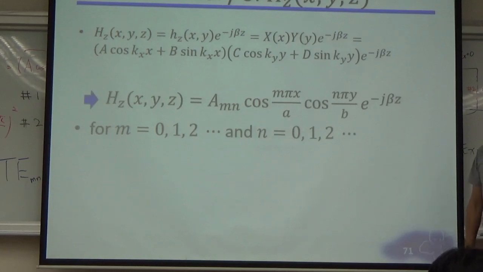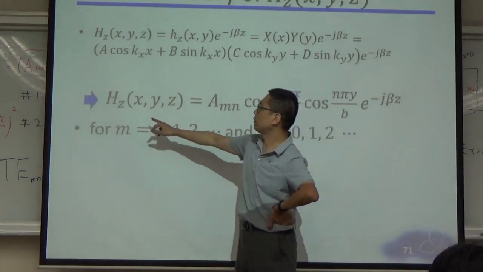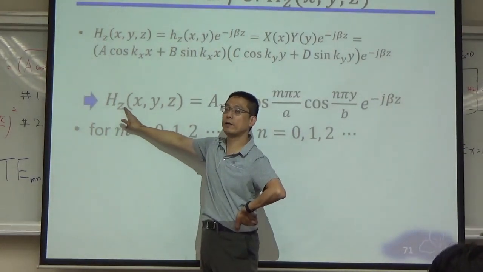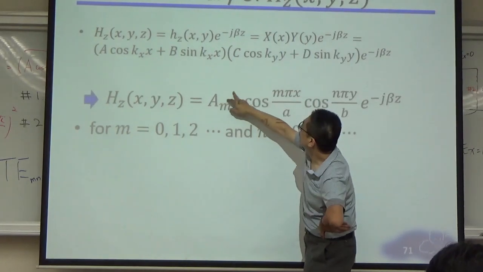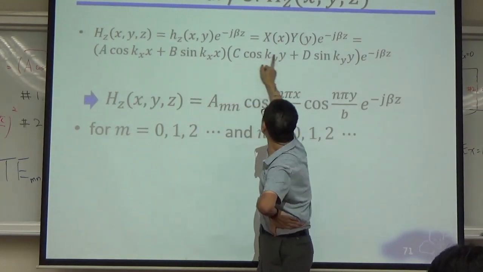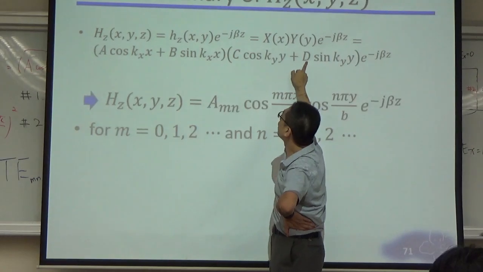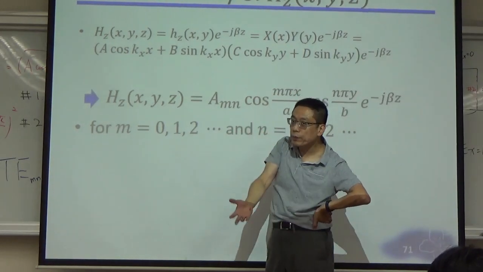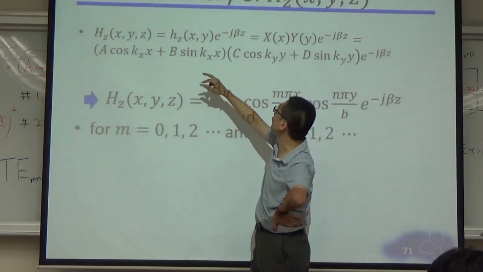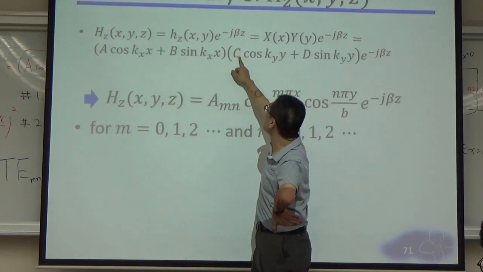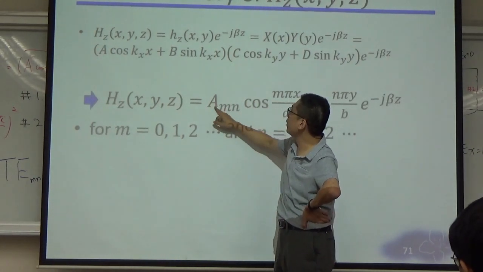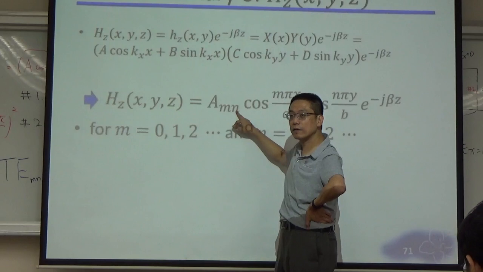Go back to what we want at the beginning. We want the total E field and H field. But we need to obtain our HZ, right? Because we know B and D are 0, and we assume another magnitude, A multiplied by C, is A mn.